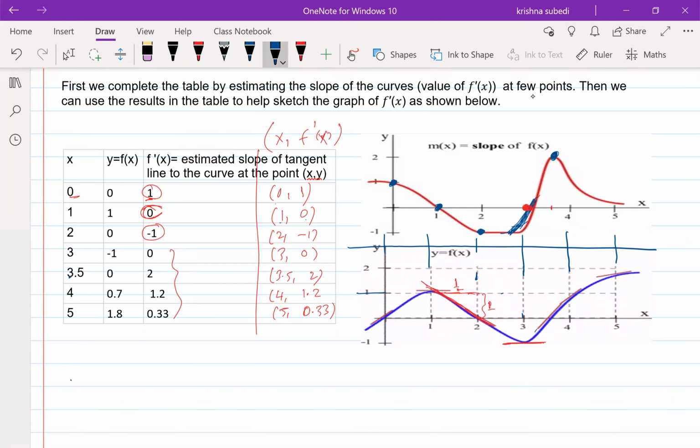Okay, and then when it is 4, it is 1.2. So 4, 1.2 will be somewhere here. That's the point. And when it is 5, it is 0.3. So 5, 0.3 is somewhere here.